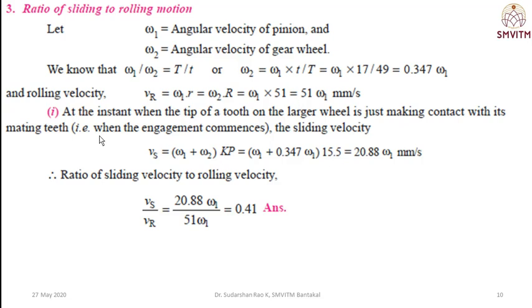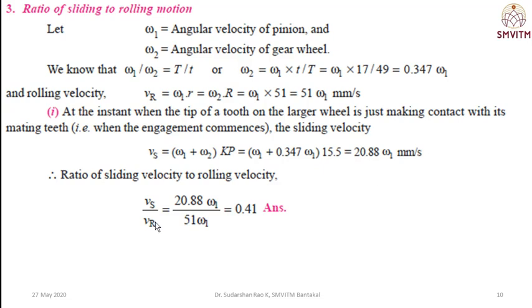Here, at the instant when the tip of the tooth on the larger wheel is just making contact with its mating tooth, that is at the beginning of the contact, the sliding velocity is omega 1 plus omega 2 into the path of approach, here 15.5. So omega 1 plus 0.347 omega 1 into 15.5 is 20.88 omega 1 millimeter per second.